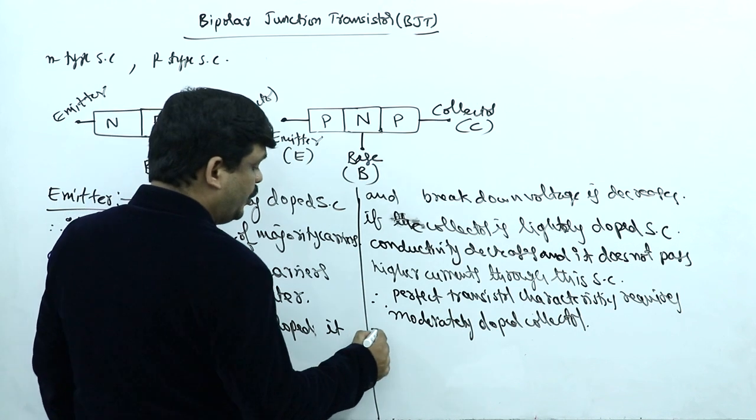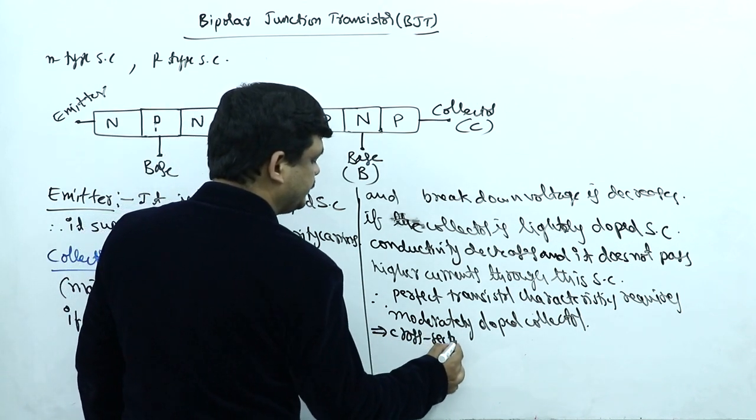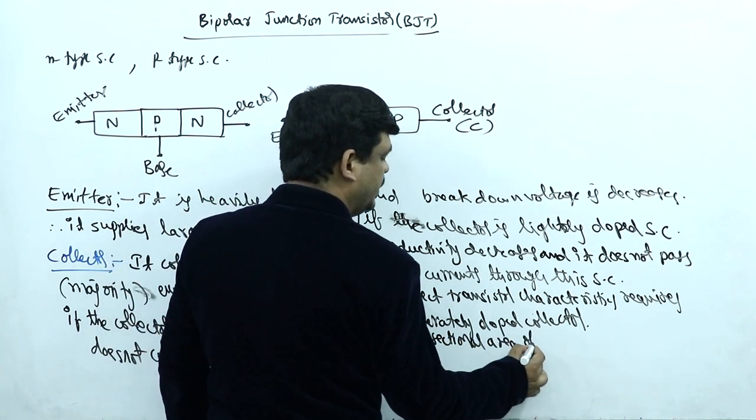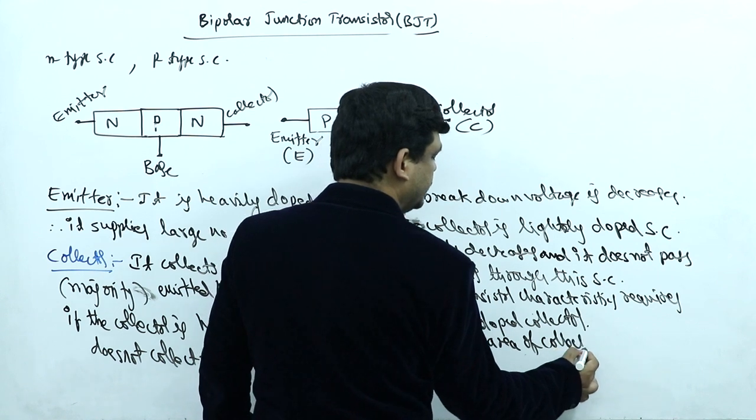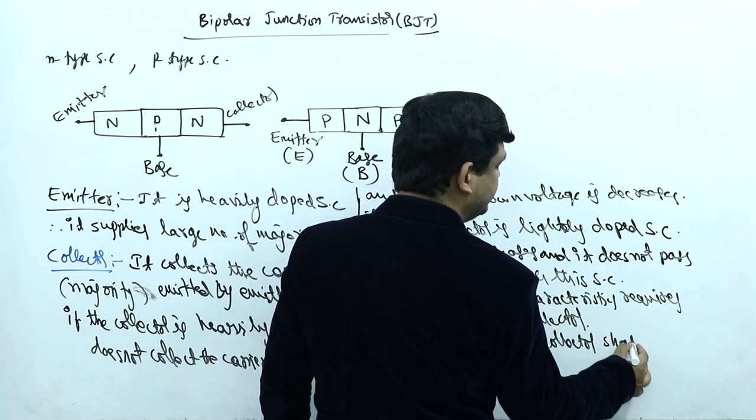And another important point is the cross-sectional area of the collector. The cross-sectional area of the collector should be very high.